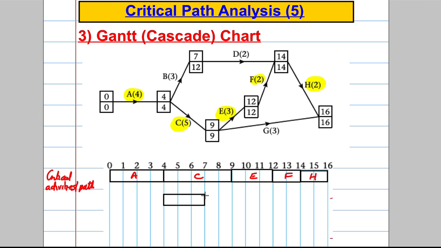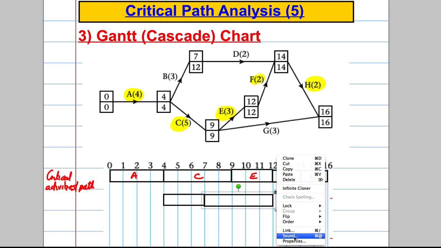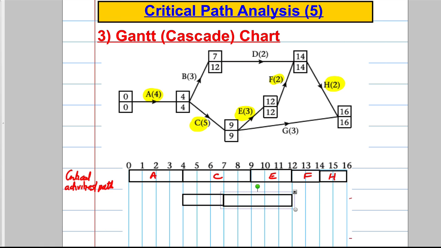Then I'm going to continue it, because as long as I've left here at 12, I'm going to continue it like that and make that a dotted line. That's like my float, as it were. So that's B.